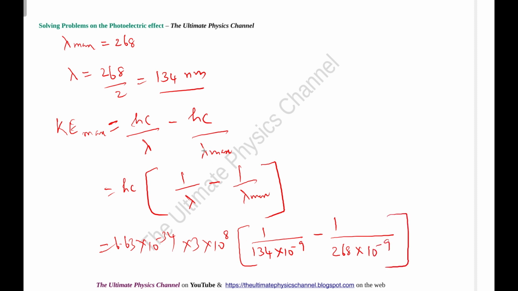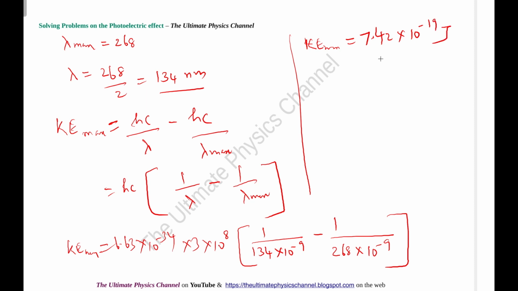These factors are taken into account, and if we simplify this and get the Ke max, you would get in joule units Ke max equal to 7.42 into 10 power minus 19 joules.